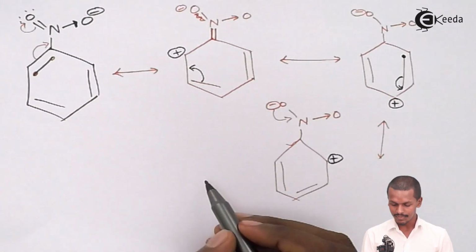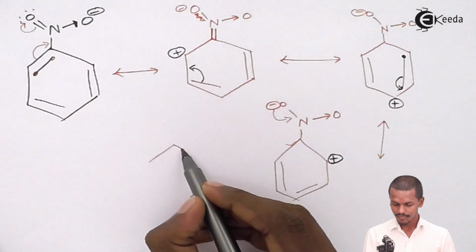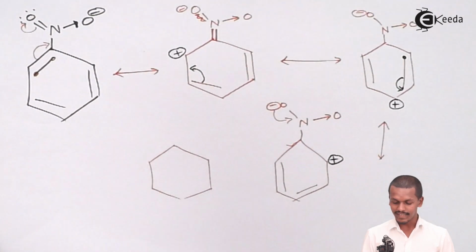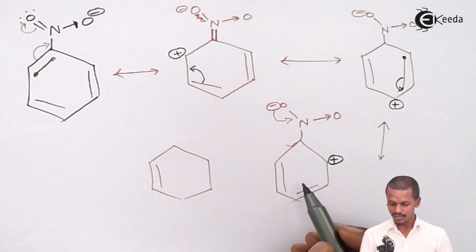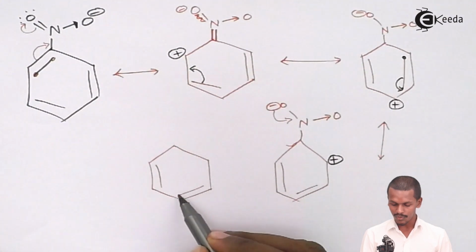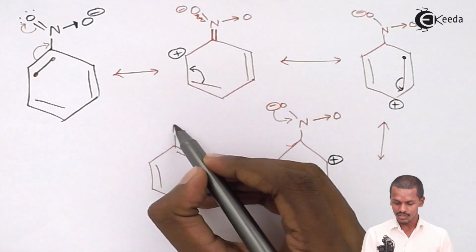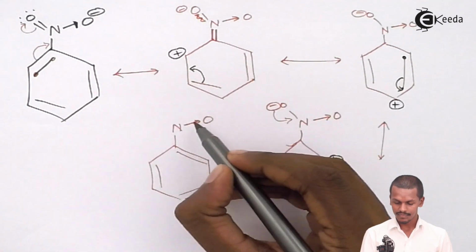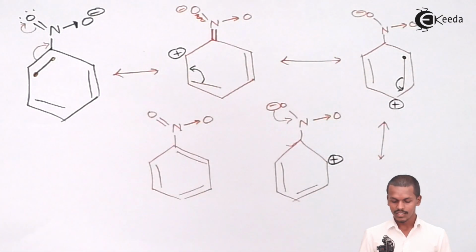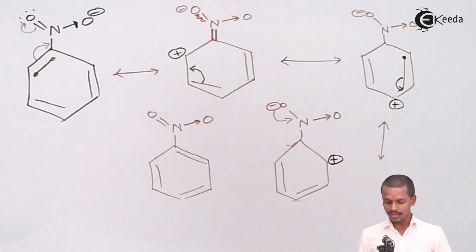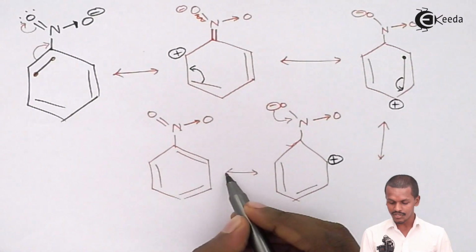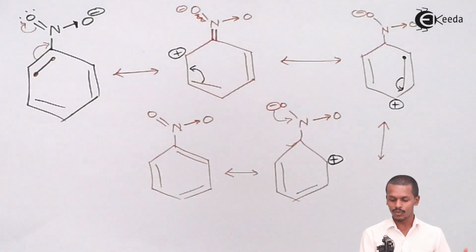So we could see that the resonating structure consists of a double bond over here, again a double bond over here, and here also we could find a double bond, and ultimately it consists of a nitrogen over here. So these are the resonating structures that we are going to get, and ultimately we will get the same thing that we have observed over here.